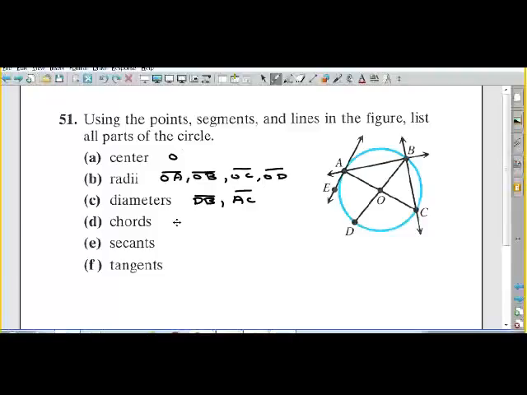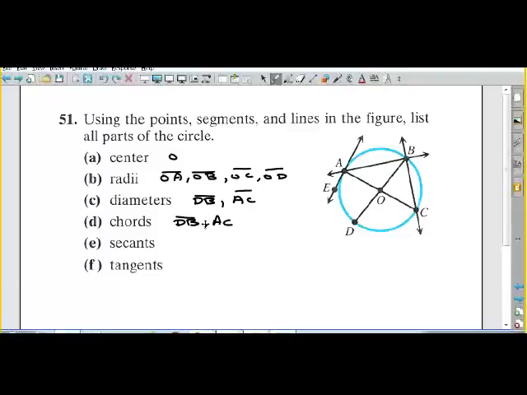Okay, Harmony. So the chords. I guess there are 4 chords. Do you see 4 chords? A chord is a line segment that goes from one point on the circle to another point on the circle. Yes.